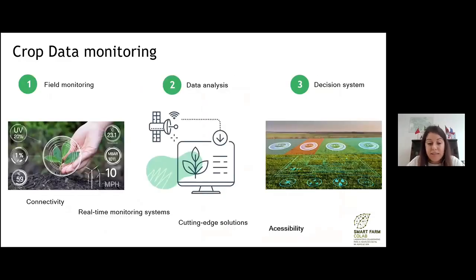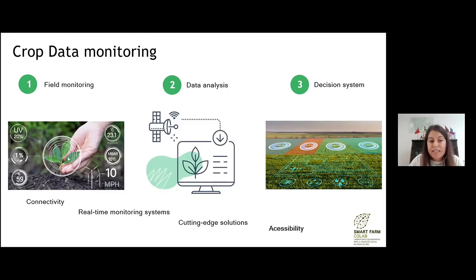How can we do it? As I said before, through the implementation of Agriculture 4.0, but how? Through the implementation of a field monitoring system, in the way that we can collect what we call crop monitoring data to promote real-time actions. We can have this field monitoring, and this is not only for the water content, but also for the weather stations, the temperatures, the soil, the agricultural inputs, and so on.